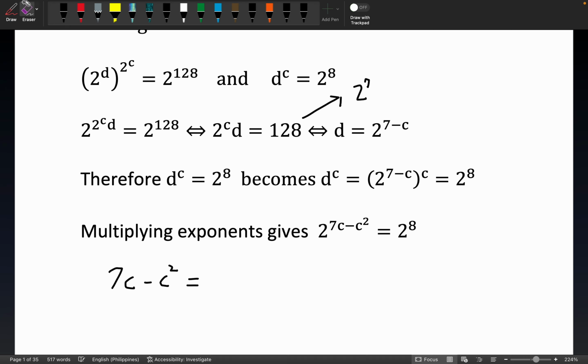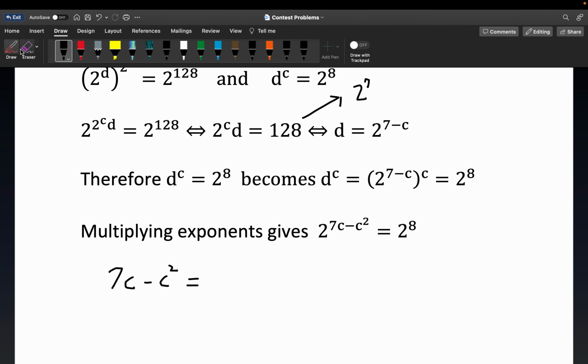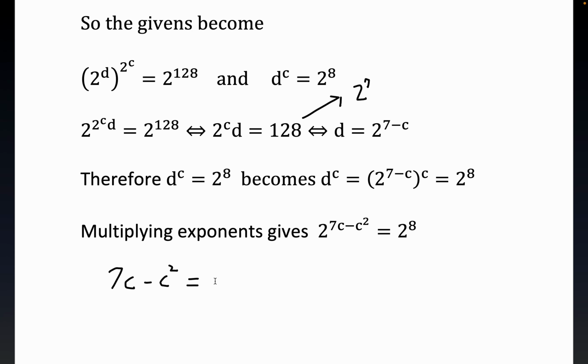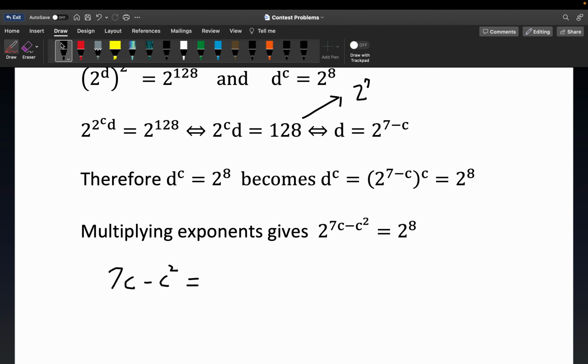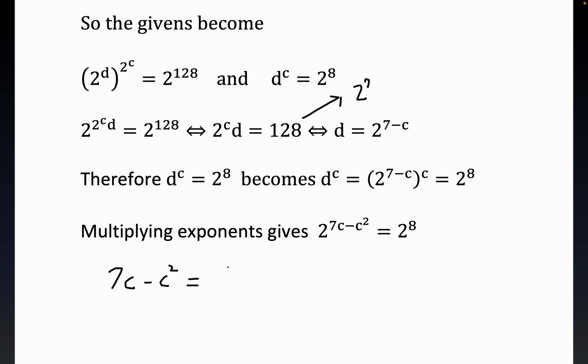Okay, we're equating the exponents, so we have to set this equal to 8. Again, folks, this is just a straightforward truth. Since the exponential function is 1 to 1, we can equate the exponents. But that results in this quadratic in C.